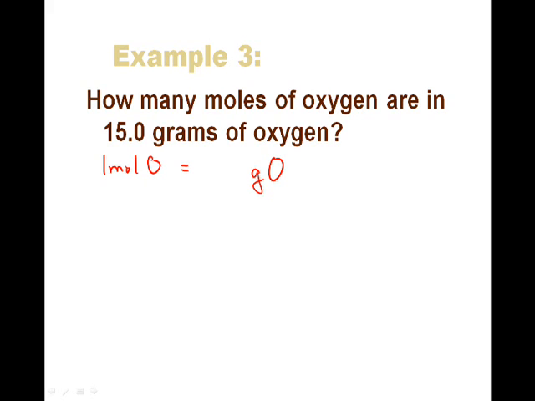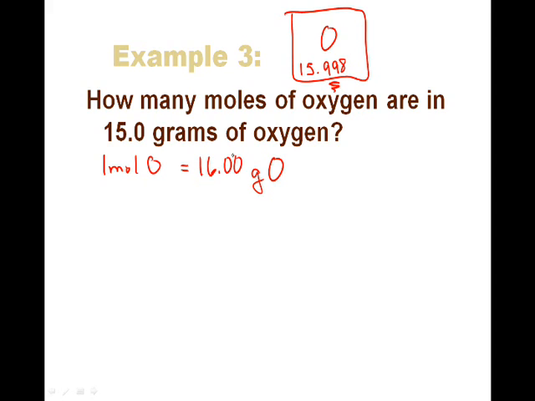Well, I'm going to go to the periodic table. And on the periodic table, I'm going to look at the symbol for oxygen. And down here, I'm going to find something like 15.998 something. If we round this to the hundredths place, that's enough significant digits for us, that's going to round to 16.00.